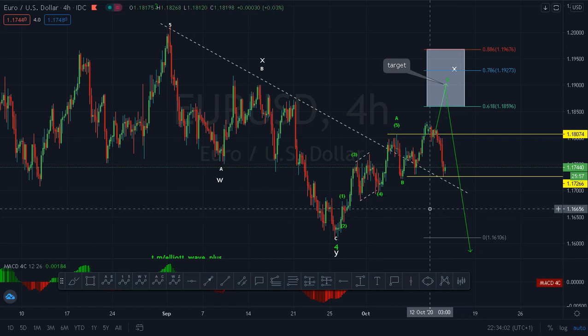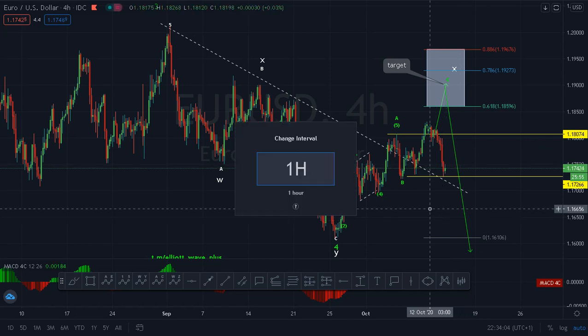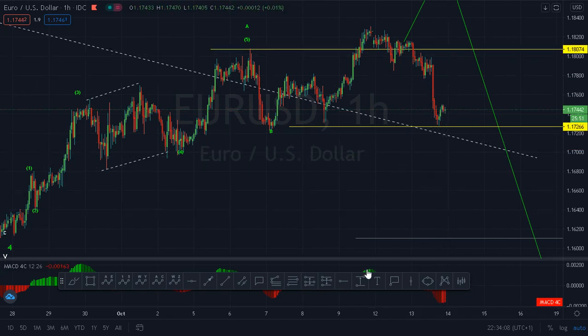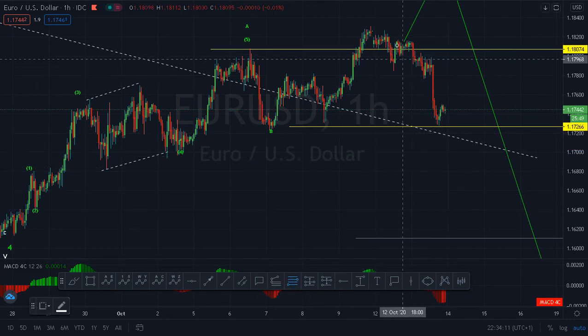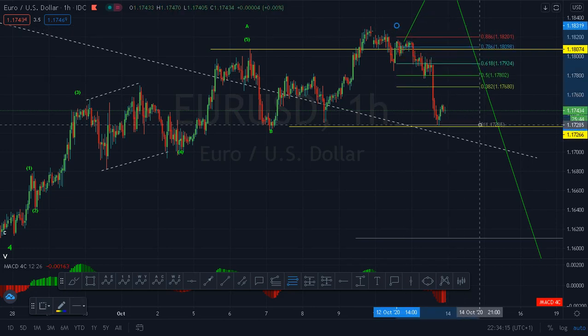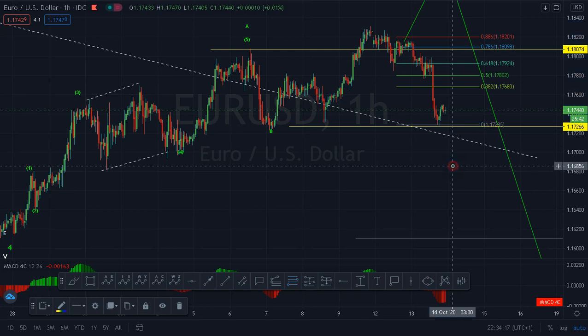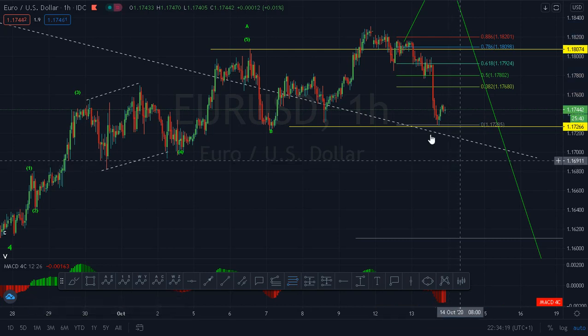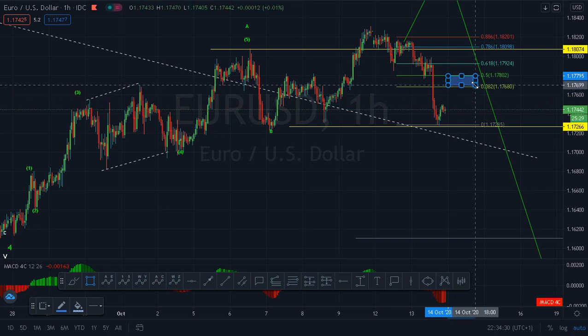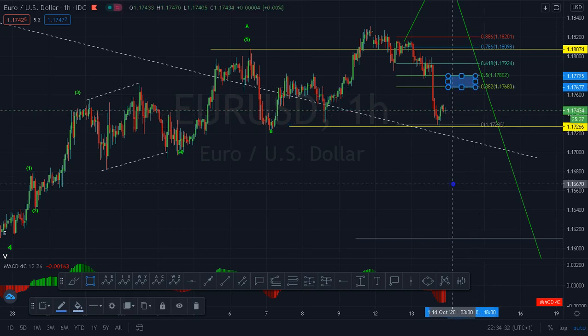So let's go to 1 hour to see what we have there. So we don't have much to do on this pair. You can see this very drop. If we could get price to retrace up to this very area, it will be nice to sell, but it might not.